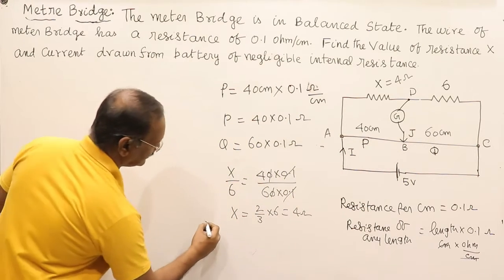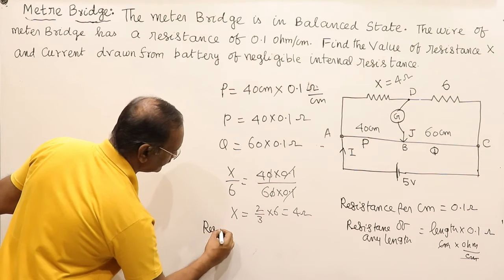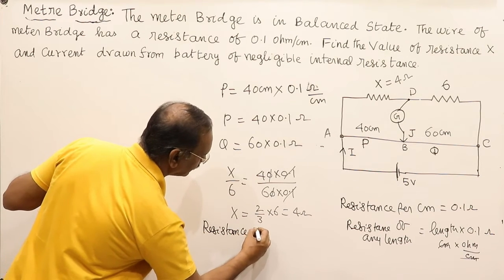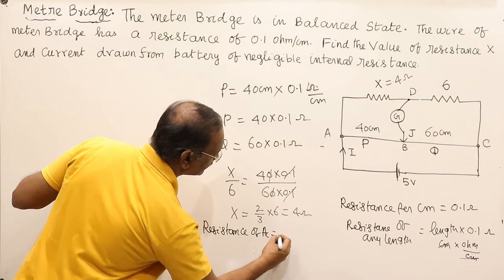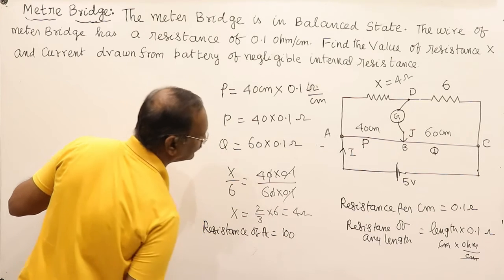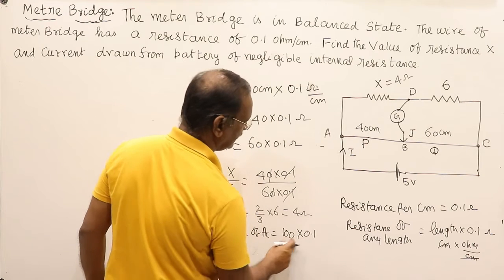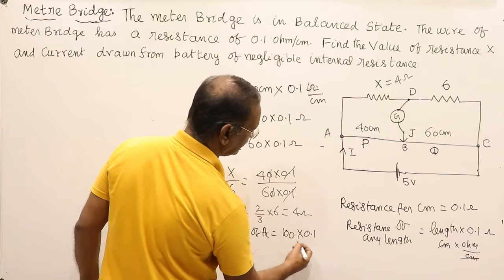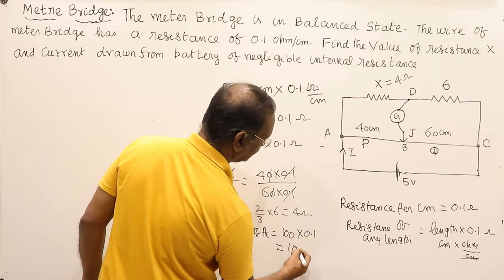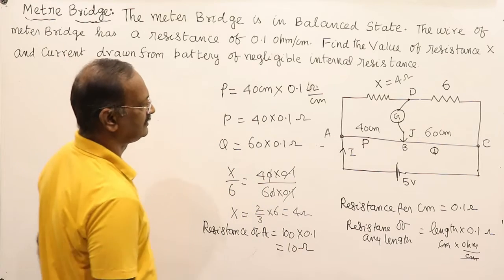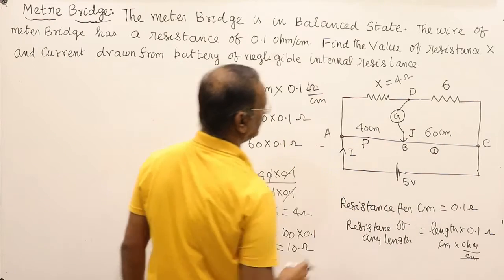The AC length is 100 into 0.1, because length into resistance per centimeter 0.1 is equal to 10 ohm. So this can be replaced by 10 ohm.